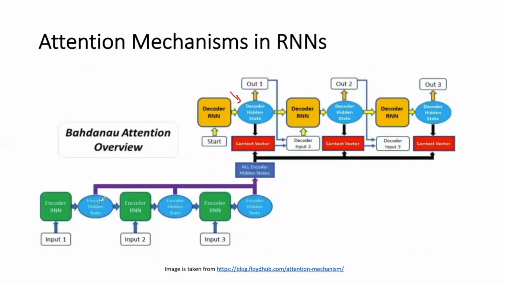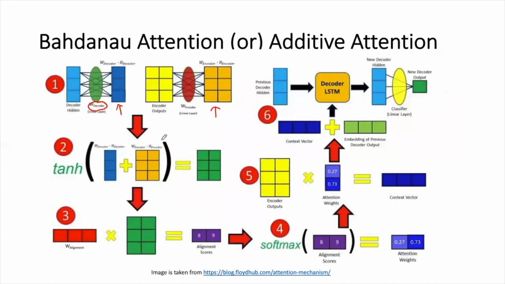Each of these are different vectors, and all of these vectors are the encoder outputs. The encoder outputs are multiplied by another matrix, W encoder. This is another linear transformation. The first linear transformation was on the decoder hidden state, and this one is on the encoder hidden state.